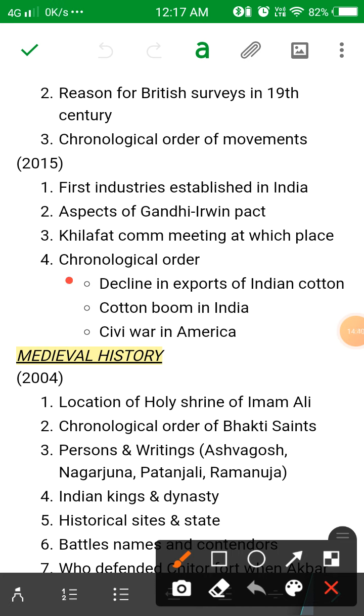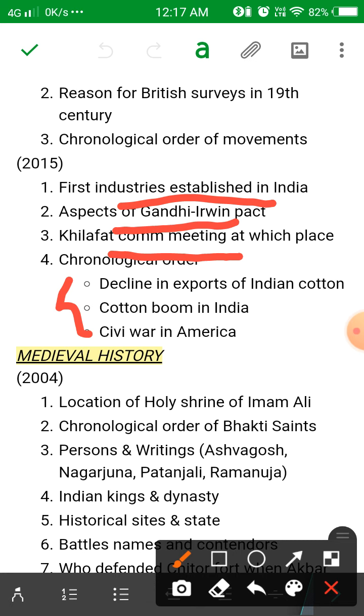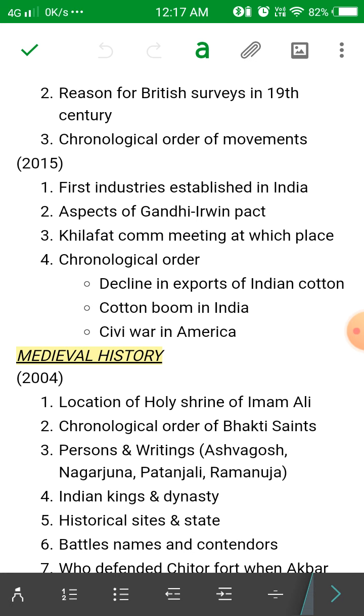This is a little like decline in export, chronological order of decline in export of Indian cotton, boom in India, and the civil war in America. Next, the first industries established in India, aspects of Gandhi Edwin Pact, and where was the Khilafat committee meeting held? Okay, these were the questions.